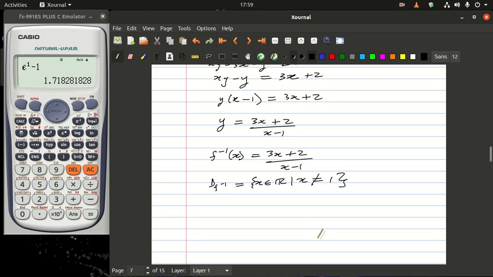How do you find a domain? You ask yourself what are the values of x that will make this function undefined, and once you get those values, you just say you don't want them, you cancel them out. If you get something greater than or equal to that makes the function undefined, and you say you don't want that, the opposite is less than.